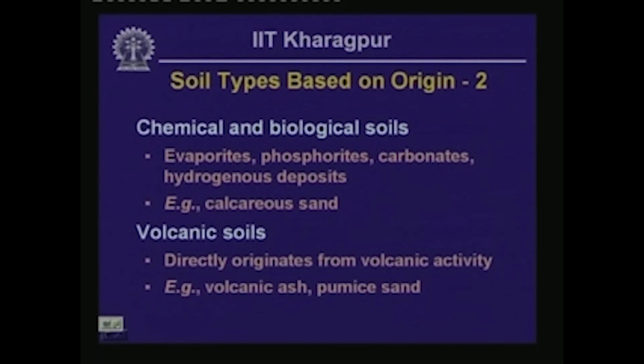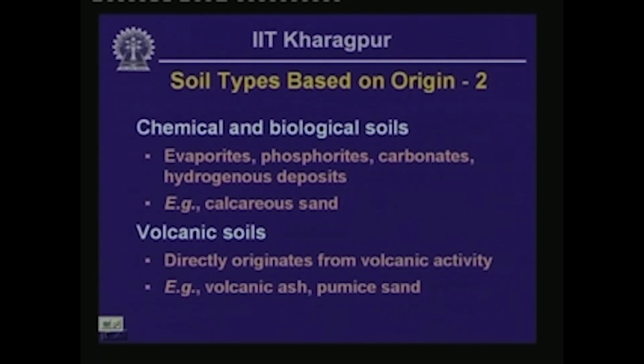One of the examples of evaporite is the salt deposits that develop in desert environments. You could have phosphorites. They could be droppings of different organisms. They are phosphate rocks. You could have carbonates.